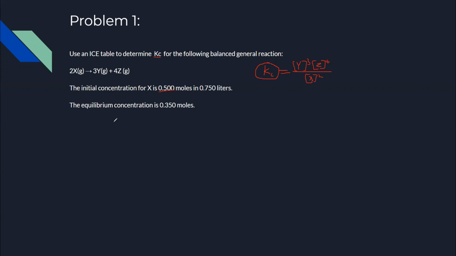So let's get started. So let's do I, C, E. I is the initial concentration, or what happens when you start the reaction. C is the change in concentration, and E is the equilibrium concentration. So you subtract the initial concentration from the equilibrium concentration in order to get the change.